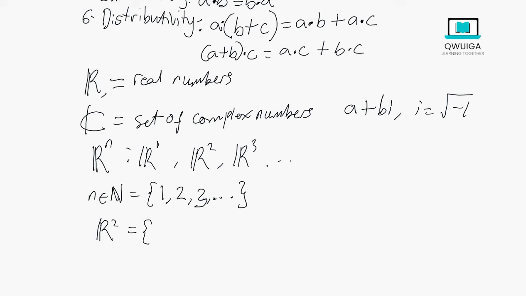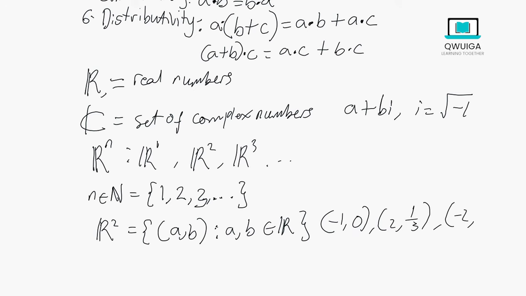Each element in R^2 is made up of two scalars, a and b, where a and b are elements of R. Examples are (-1, 0), (2, 1/3), (-2, -1), and so on.